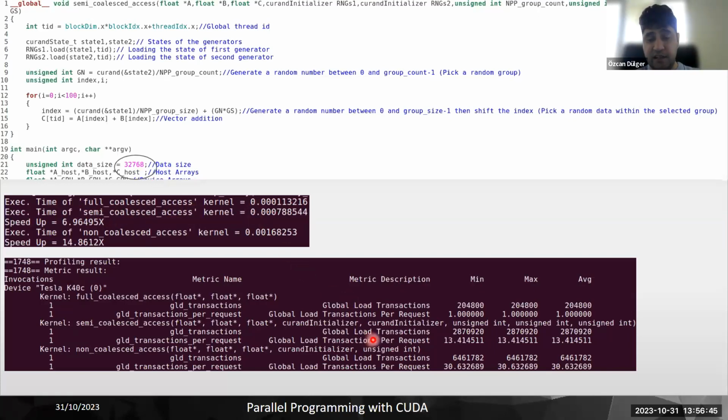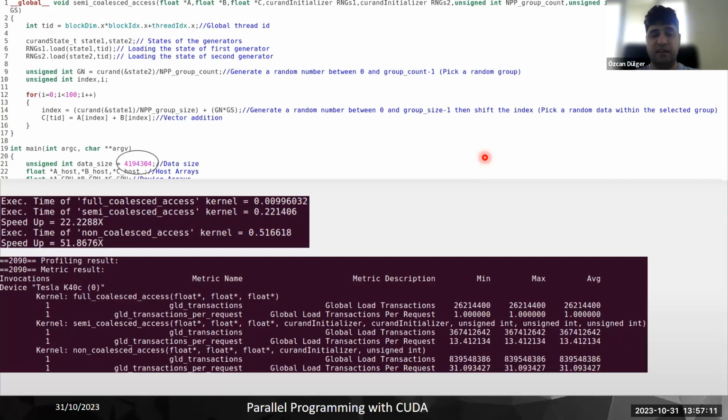And when we check the profiler result of the semi-coalesced kernel, we obtain 13.4 global load transactions on average. So this is also very close to 16. So we can consider that we obtain a true result with the profiler.